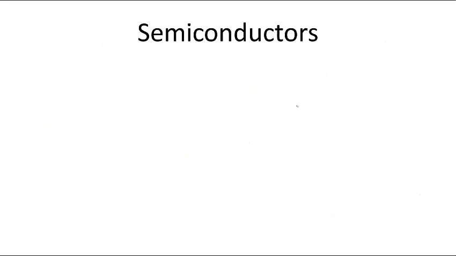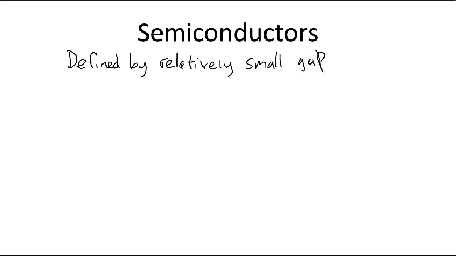So we're back. So semiconductors, these are defined by a relatively small gap between the valence and conduction bands.